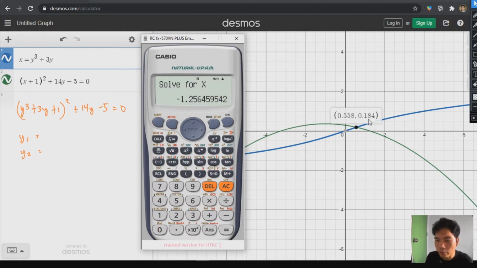The other one here is 0.184, so let's just write 0.2 to make the calculator faster.